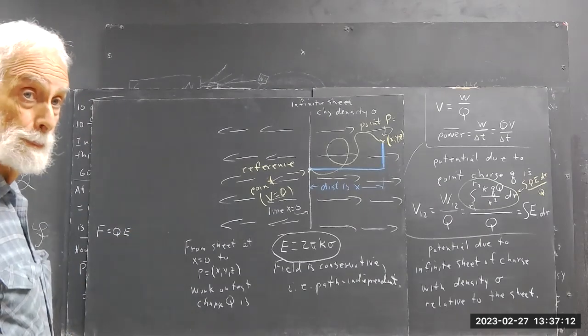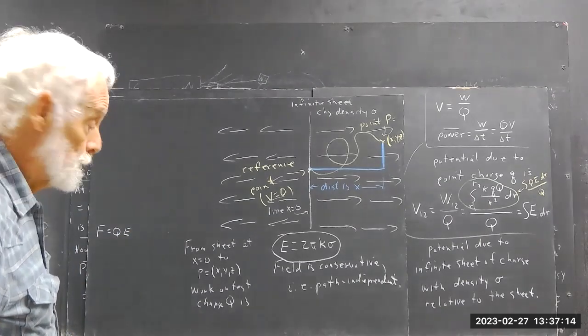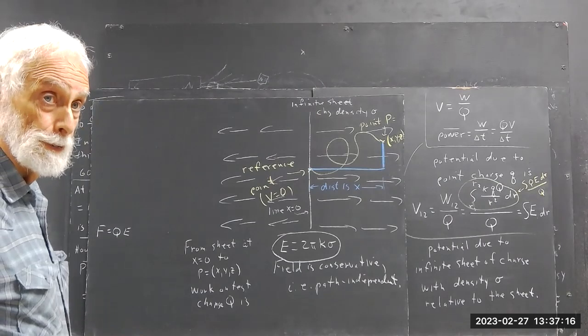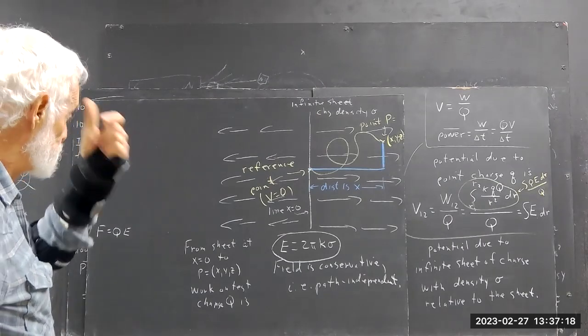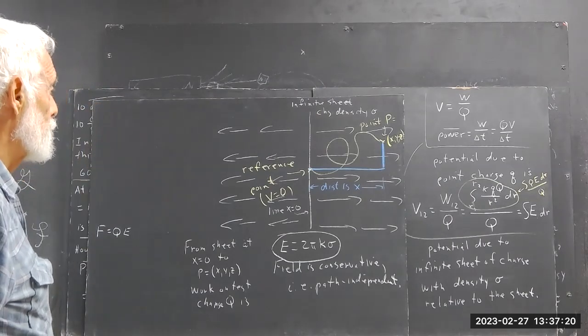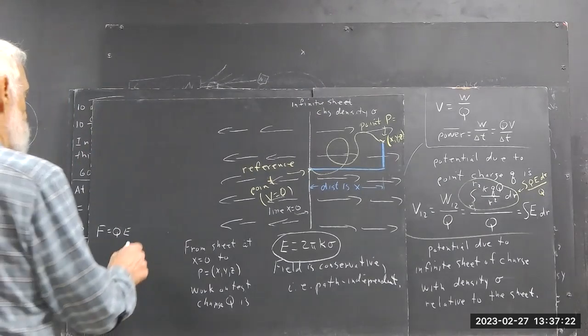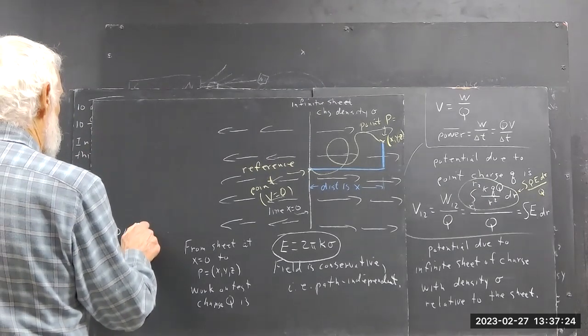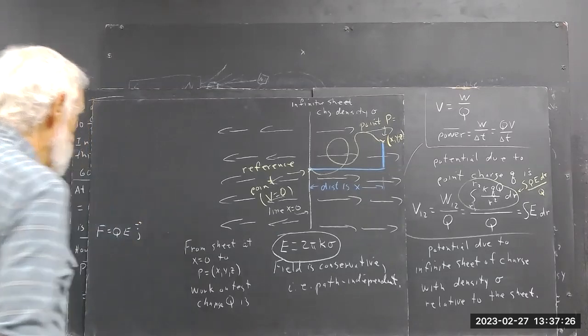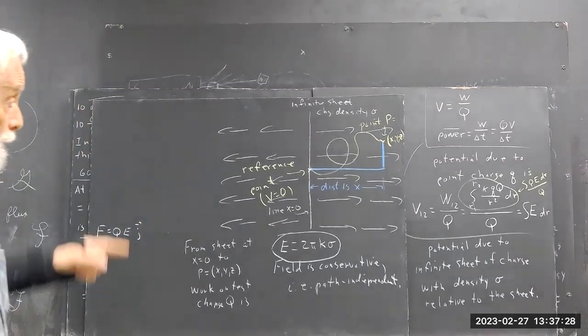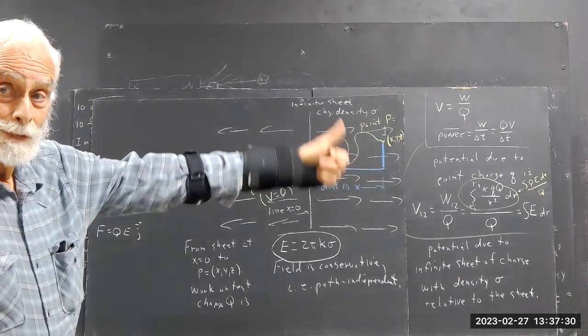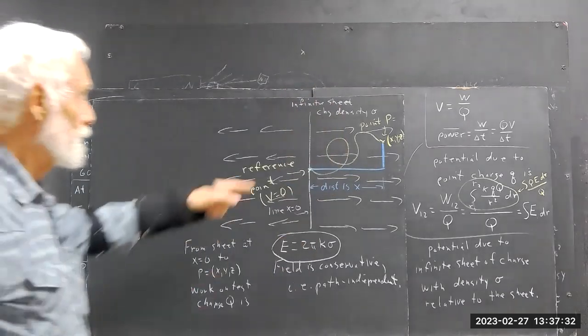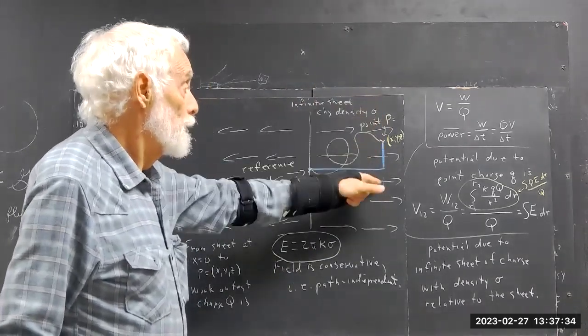Force equals QE. And I'm going to be careful about my directions. The force here would be QE times the J vector. That's your y direction. Here we got to do this part too.